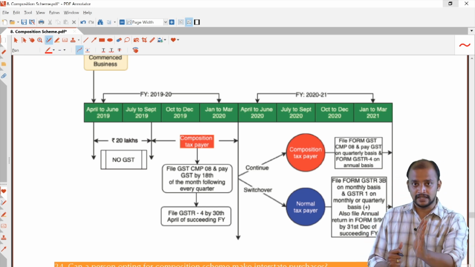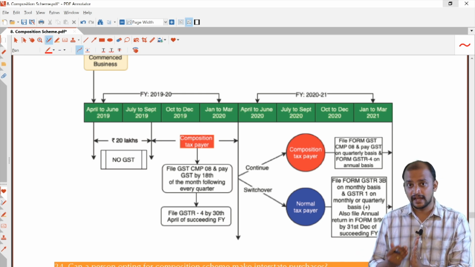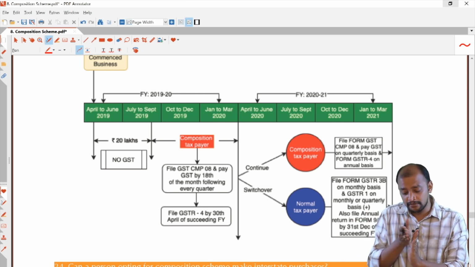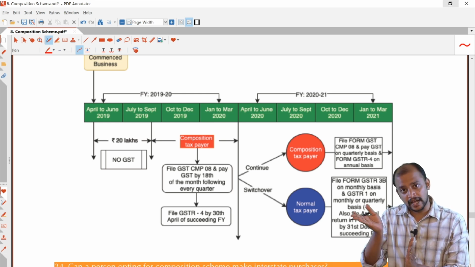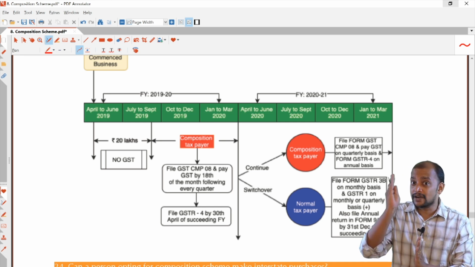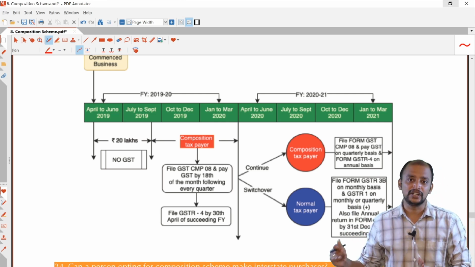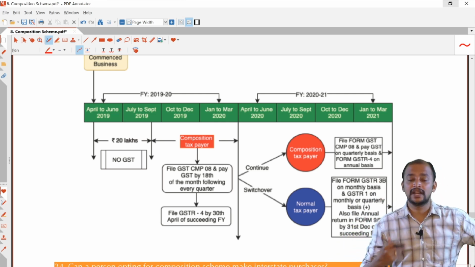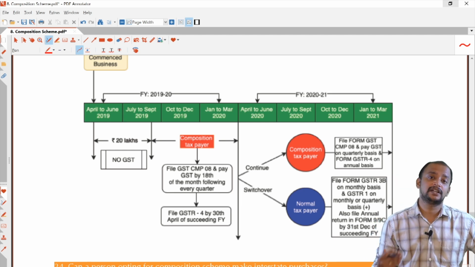Now March is over. For the next financial year, he has to decide either to continue in the composition scheme or to switch over to the normal scheme. If he continues, same compliance. If he switches over, then he needs to file GSTR1 and GSTR3B and annual return GSTR9. That will continue from April. So whenever he wants to come out of the composition scheme, from there onwards he needs to follow the regular return filing mechanism.